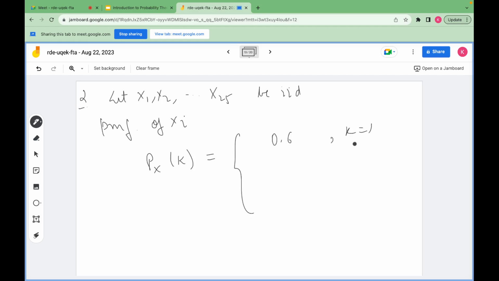The probability is 0.6 if k is equal to 1, probability is 0.4 if k is equal to minus 1, and it is 0 otherwise. So the probability that x will take the value 1 is 0.6, and the probability that x will take the value minus 1 is 0.4, and otherwise it is 0.